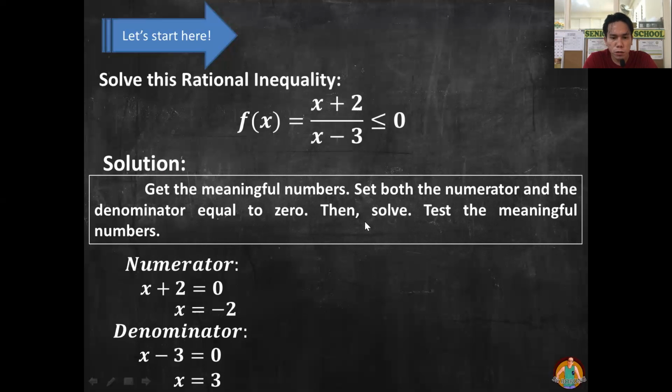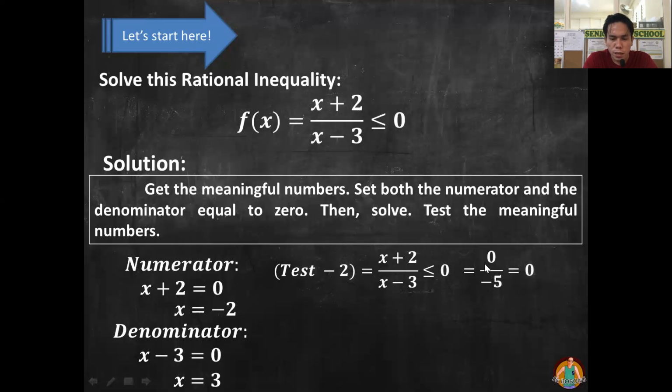Now, we will solve. So paano natin siya solve? So we are going to use the values negative 2 and positive 3. I-evaluate natin siya or papalitan natin ng ating values for x, okay, ng ating meaningful numbers. For, let's test negative 2. If x is negative 2, so lahat ng x ay papalitan. So negative 2 plus 2 is 0, and negative 2 minus 3 is negative 5.